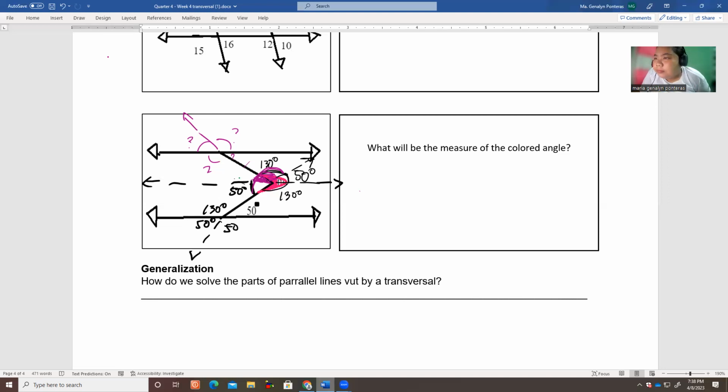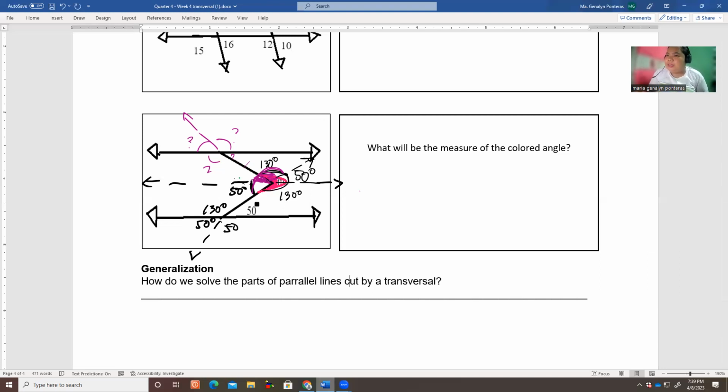Maybe we can have another triangle. No, it's not that.